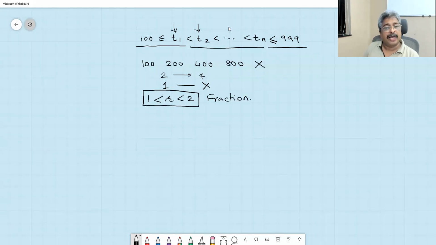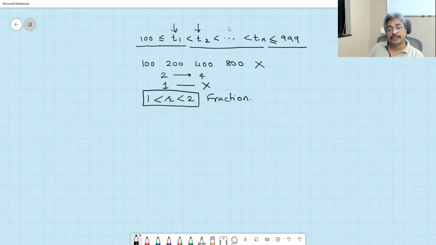If at all we want a fraction, and still after multiplying that common ratio to every previous term we want to end up with a 3-digited integer, the obvious first choice of fraction would be 3 by 2, that is 1.5.